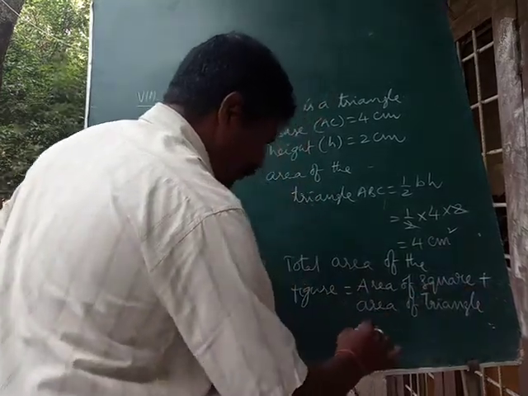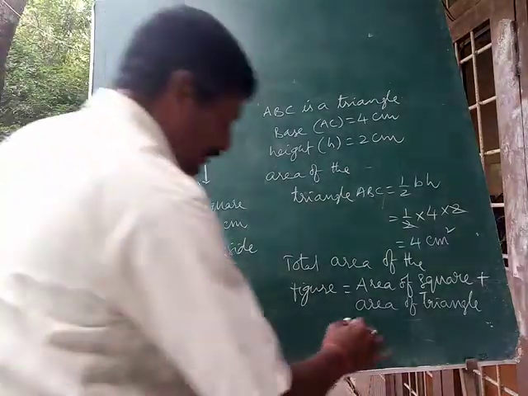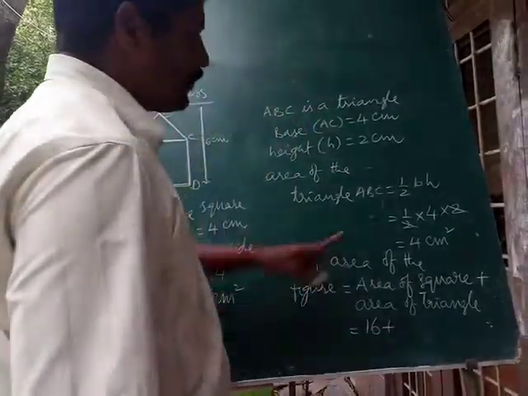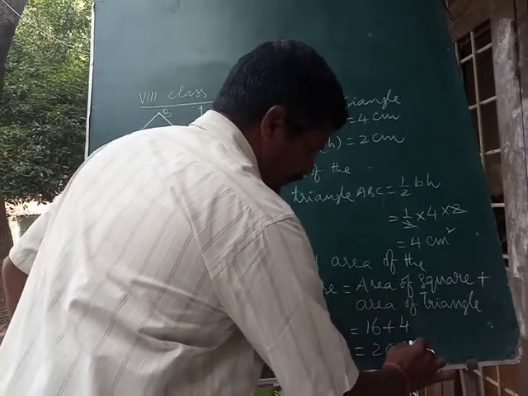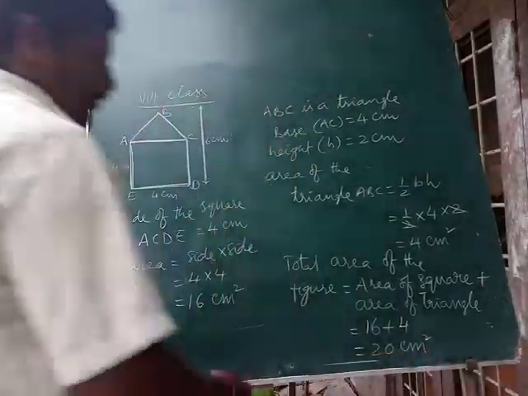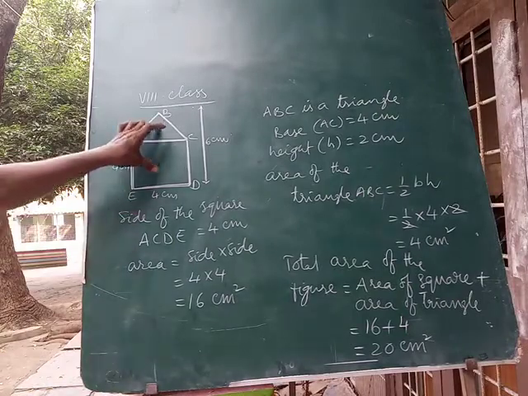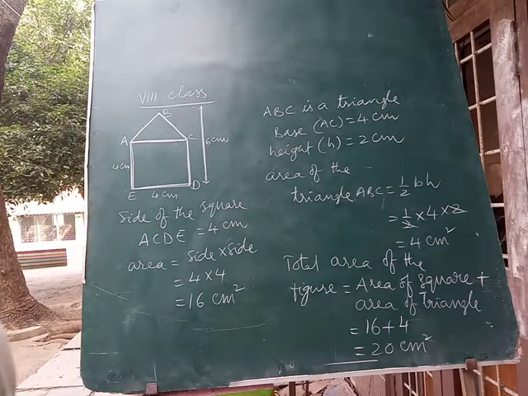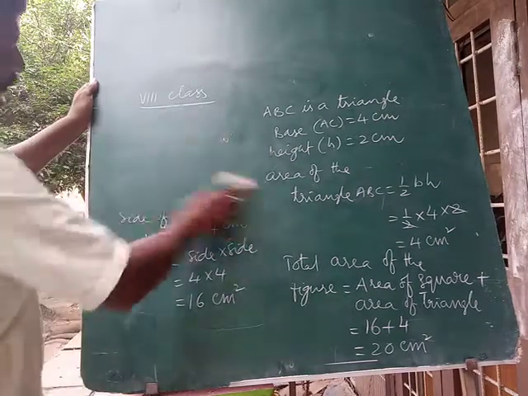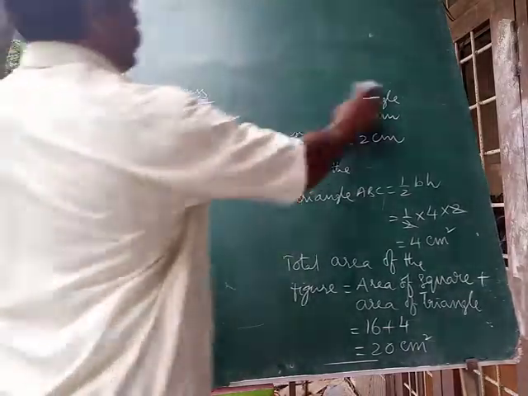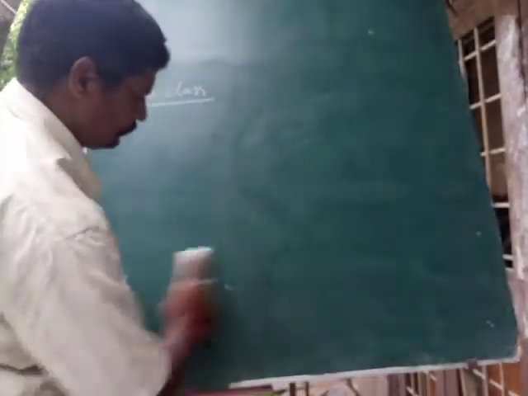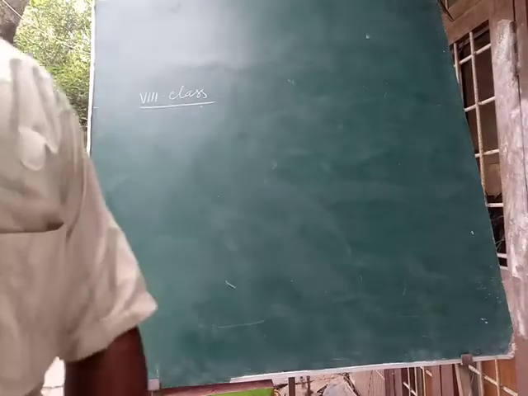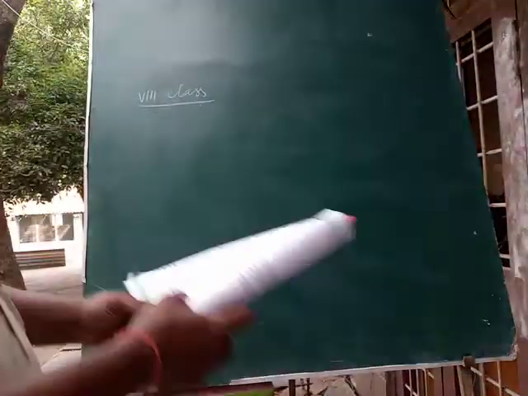That is equal to area of square 16 square centimeters plus area of triangle 4 square centimeters. 16 plus 4, 20 square centimeters. This is the total area of the figure. One more question.